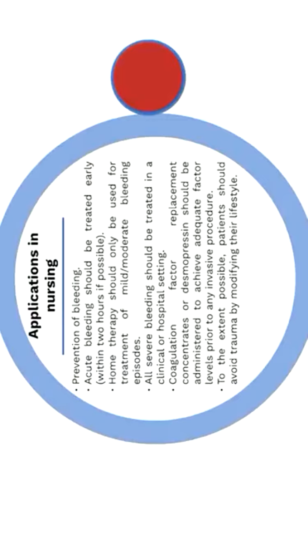Coagulation factor replacement concentrate or desmopressin should be administered to raise factor levels prior to any invasive procedure. To the extent possible, patients should avoid trauma by modifying their lifestyle.